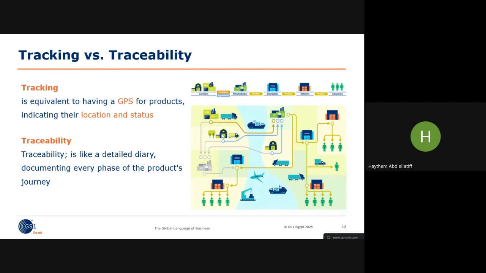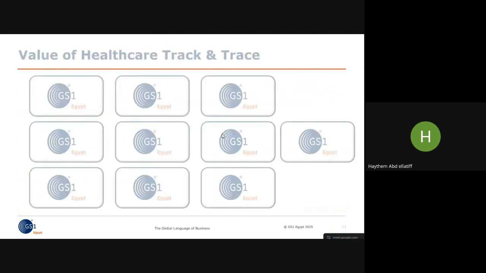Tracking versus traceability. Tracking tells us where the product is now, and traceability tells us the full history of the product journey from commissioning to dispensing.